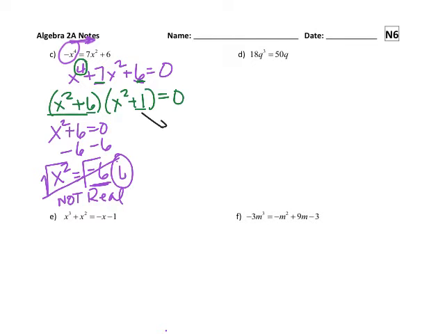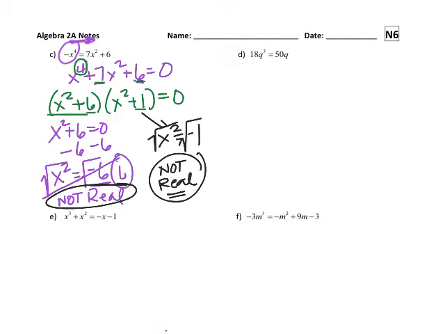So I'm going to do this one over here. x squared equals negative 1, and again we're going to have a negative number under the square root symbol, so another one that has no real solutions. Okay, that one's not real. So basically that's your answer. x doesn't have any real solutions for either of these binomials, or for the equation itself.